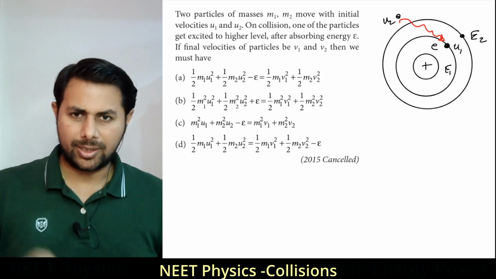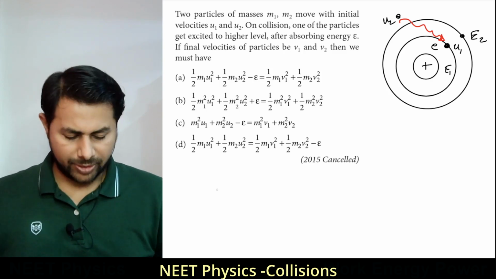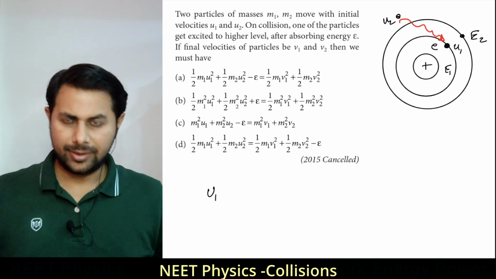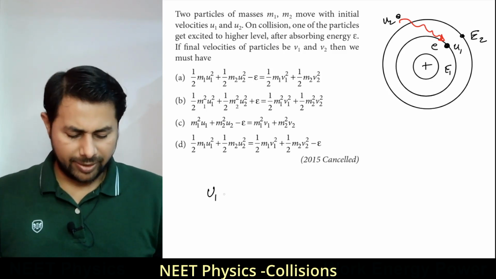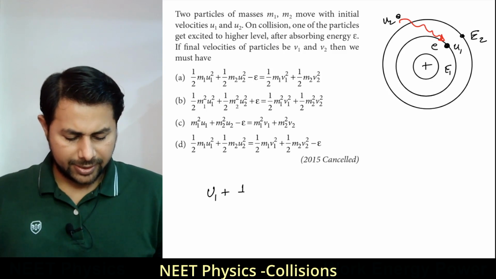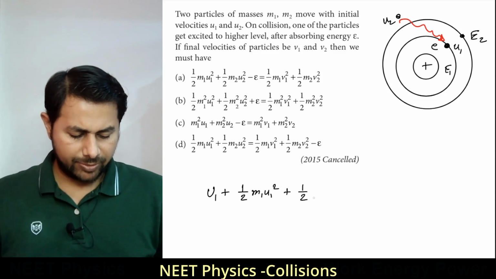So this first electron or first body has some potential energy, let's say u1, when it's in the first orbit or first energy level, plus its kinetic energy, half of m1 u1 square, plus the kinetic energy of the second one, half of m2 u2 square.